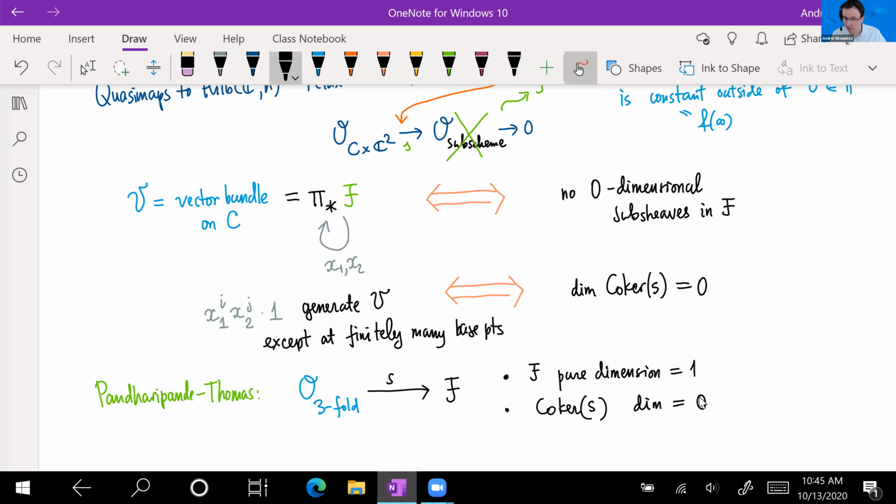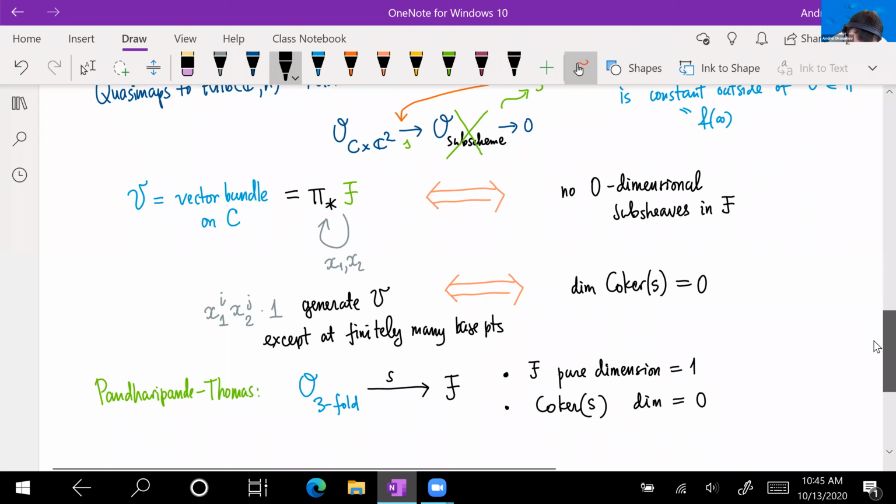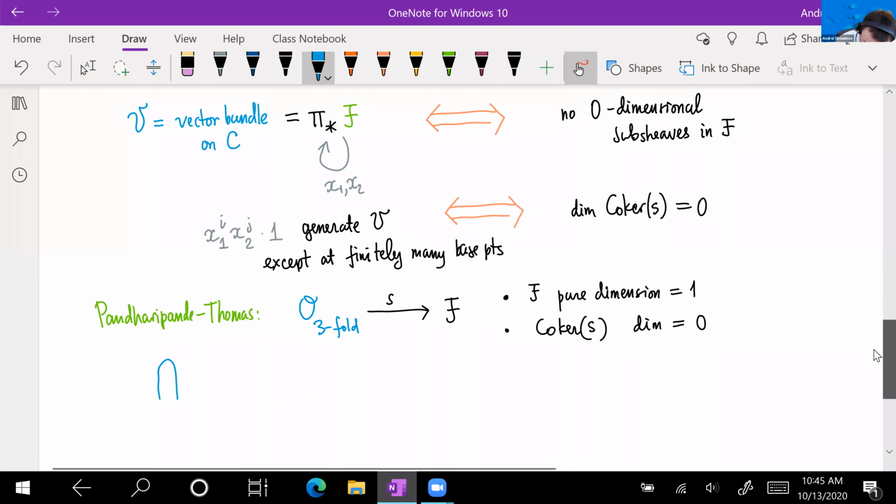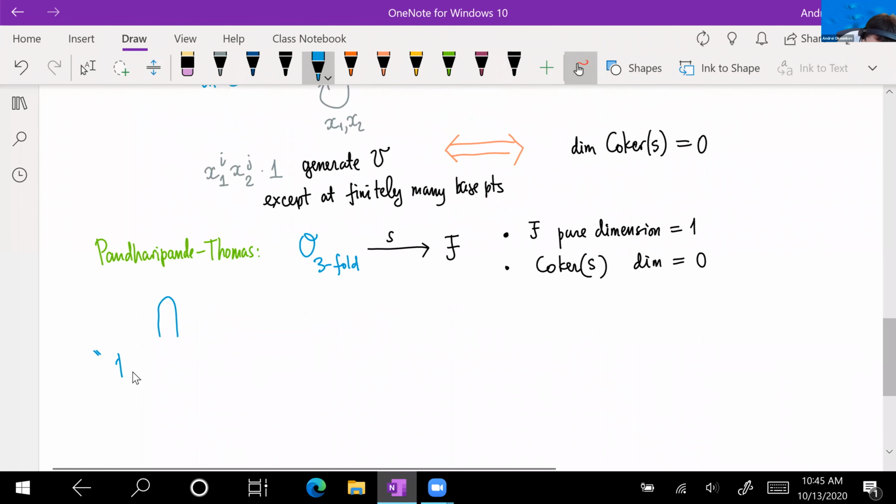But there are many other possibilities. This falls into the general category of things that, broadly speaking, belong to Donaldson-Thomas counts.